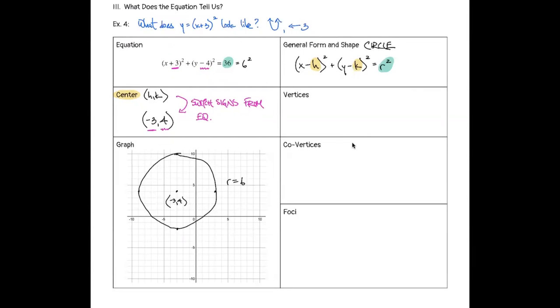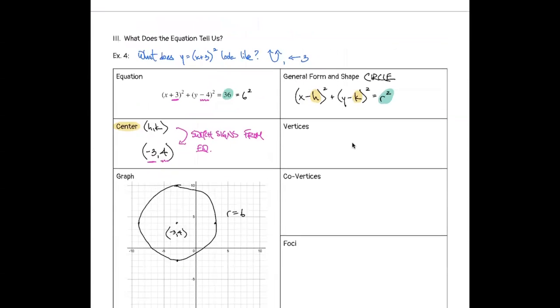Okay, so just as quickly as you were able to say, oh, y equals x plus 3 squared, that's a parabola. Now we're leveling up, we're adding to that. We're saying, oh, when we see something like this, we want to know that's a circle. Okay, and in fact, it gives us the center of the circle along with the radius. And so from there, we can draw our picture, not a problem at all.